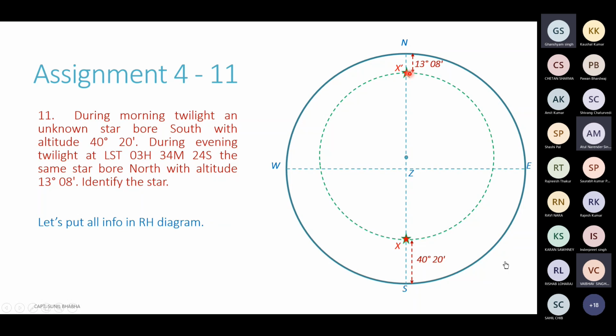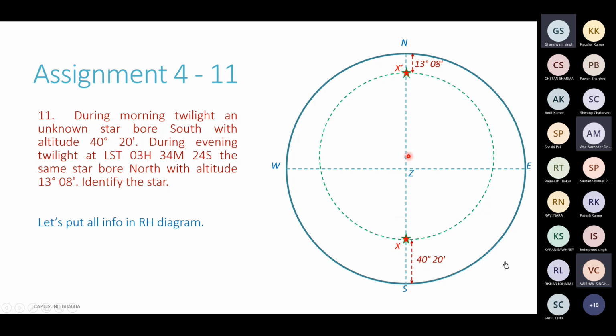Now we are aware that at the center of all declination circles is the pole. So let's mark the center of this particular circle. The center will be north of Z because you see the SX distance is 40 degrees 20 minutes, which is much greater compared to NX dash, which is only 13 degrees 08 minutes.